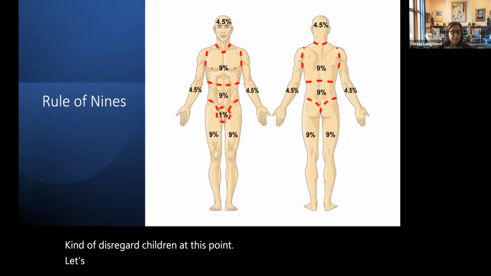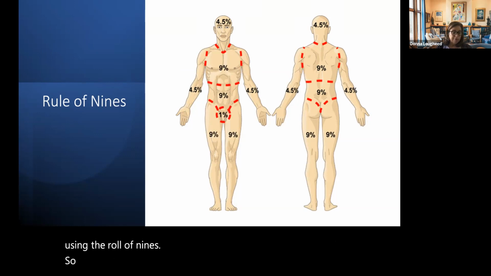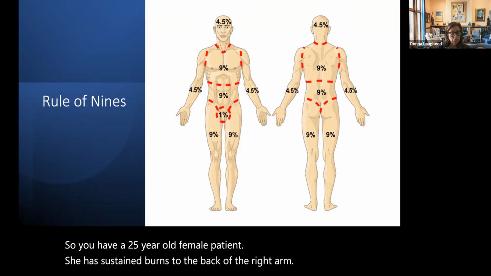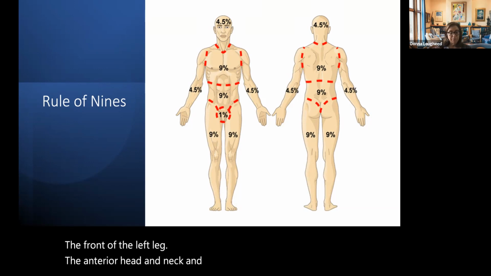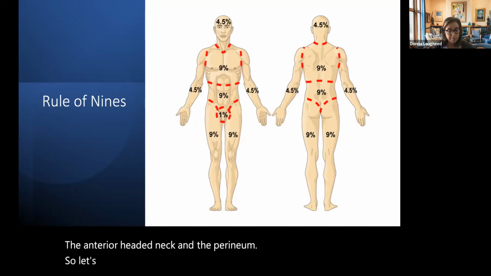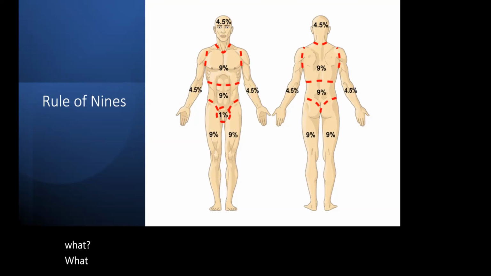Let's try calculating the total body surface area of a burn patient using the rule of 9s. So you have a 25-year-old female patient. She has sustained burns to the back of the right arm, the posterior trunk, the front of the left leg, the anterior head and neck, and the perineum. So let's start one by one. I said the back of the right arm. So that is what percentage? 4.5. Good.